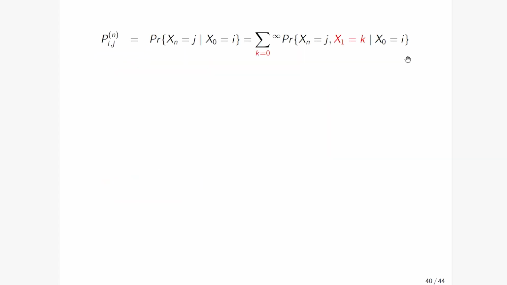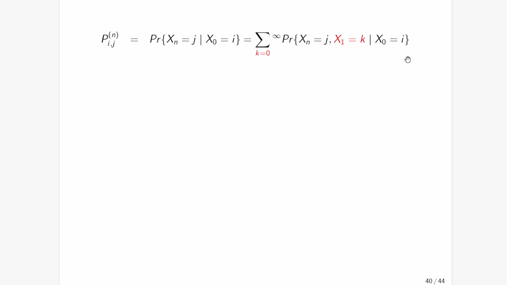This first step analysis basically says, if we want to calculate the probability of going from state i to j in n steps, that's like starting at time 0 in state i and transitioning to state j, then we can decompose this probability into the sum over all possible first steps, going from i to k in step 1, and then from state k to j by time n.